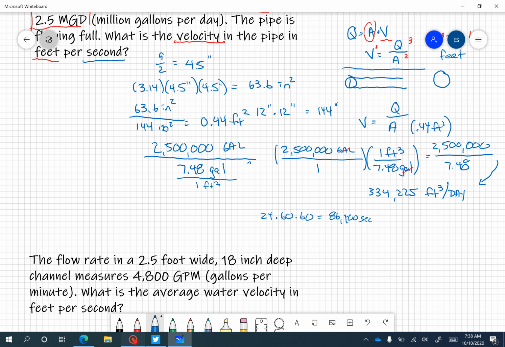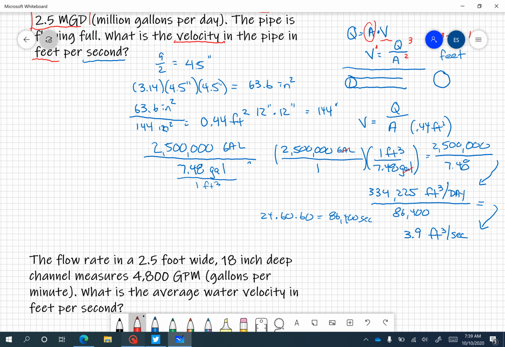So if I want to convert cubic feet per day into cubic feet per second, I just divide by the number of seconds in a day. If I do that, I get a flow rate of 3.9 cubic feet per second.